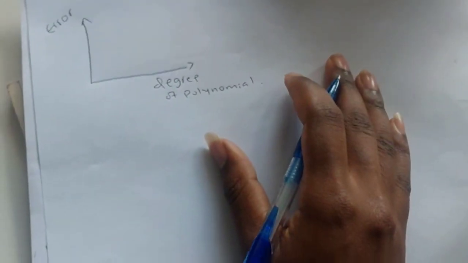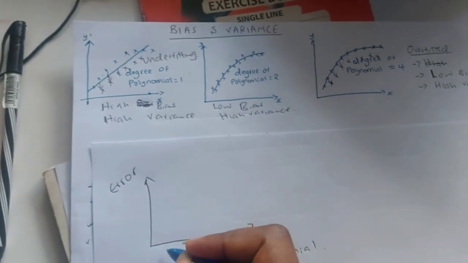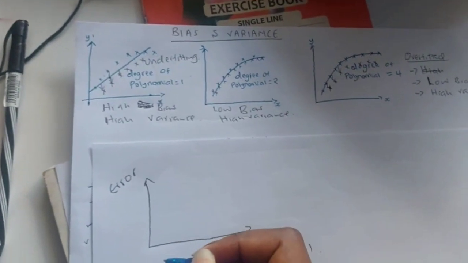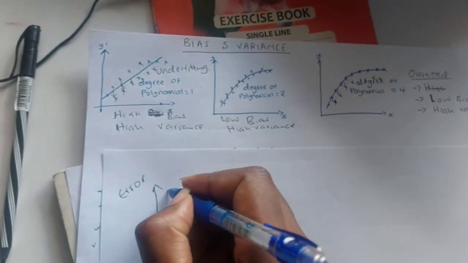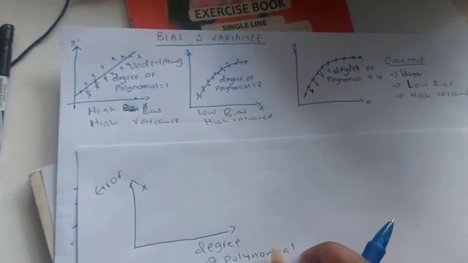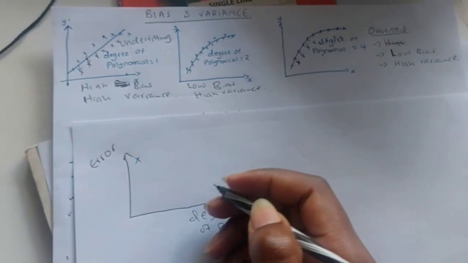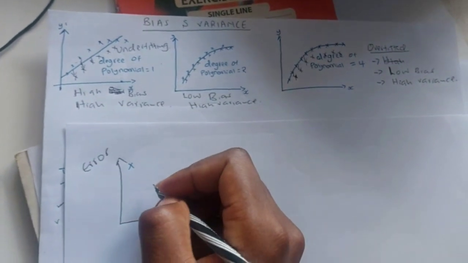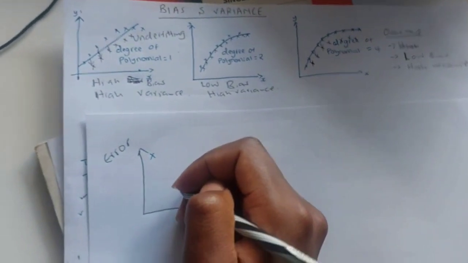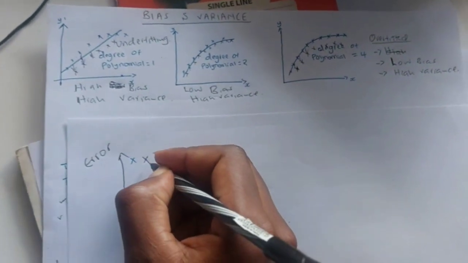When our degree of polynomial was 1, it had a high error in the training dataset. Since it has a high error, we put it there, marked as a star. What about in the test dataset? It also had a high error in the test dataset. We'll mark it with the black pen.